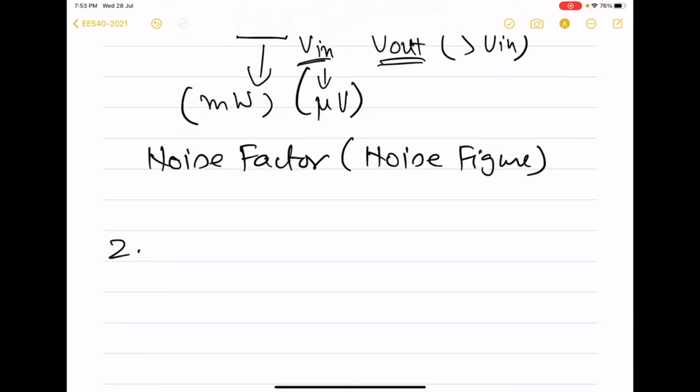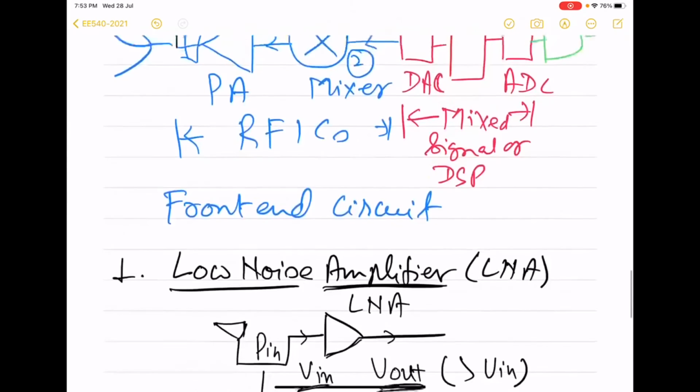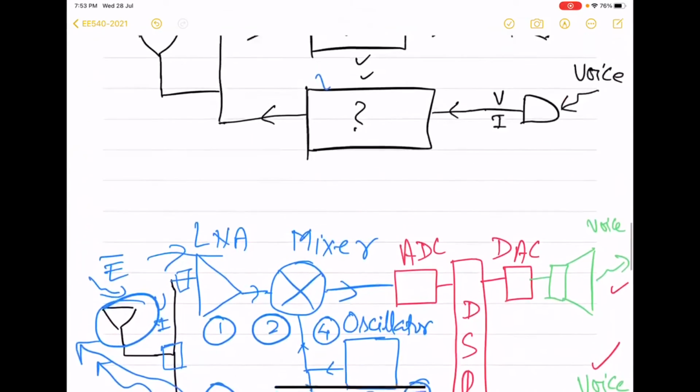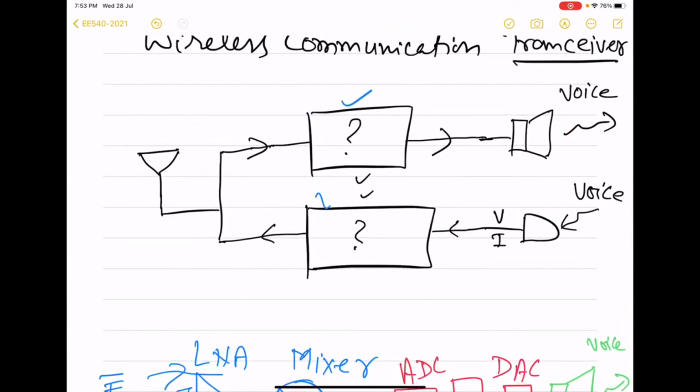Now the second circuit is mixer. So here it was pointed out that actually we could have directly connected this to the antenna and speaker to antenna, but they are to separate one user from another so that the receiver does not hear everyone.